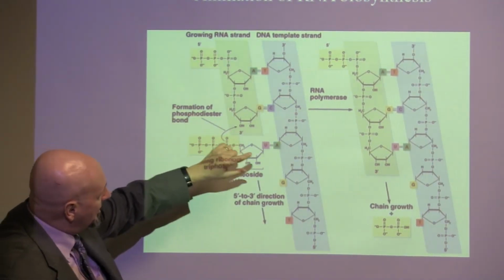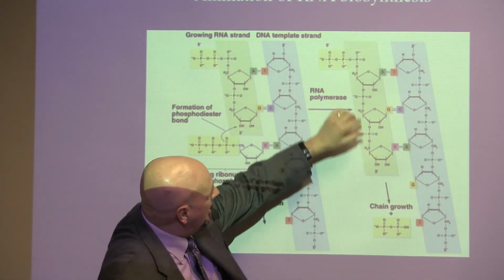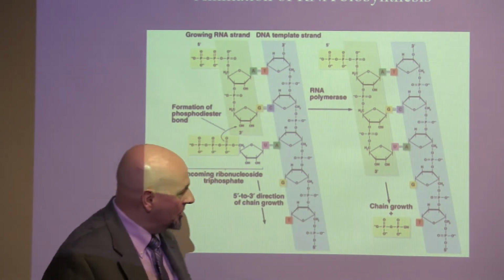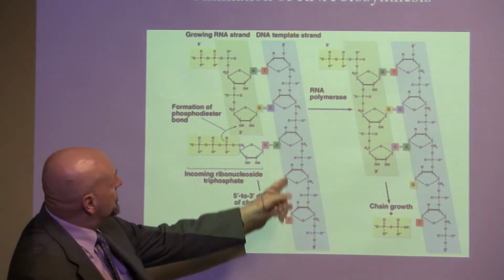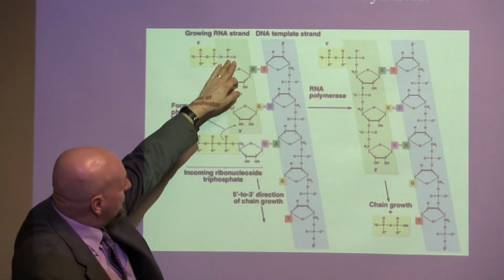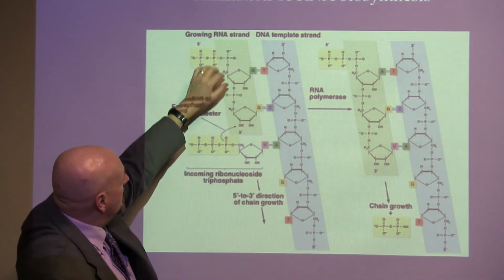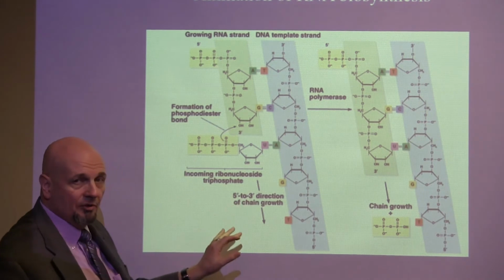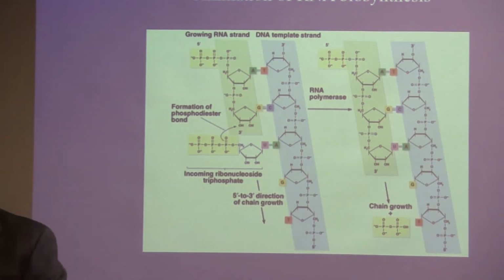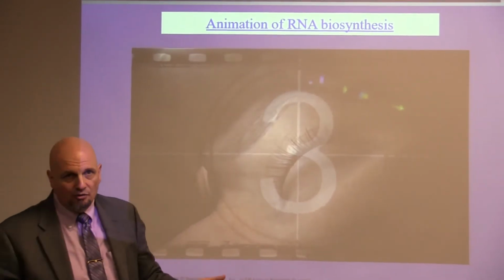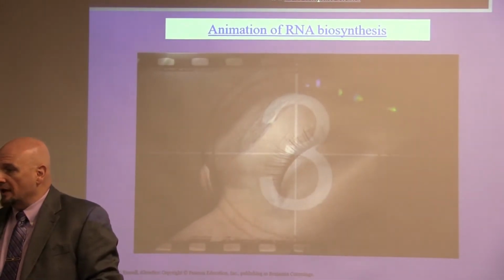Once that occurs, you have a phosphodiester backbone, and the chain will continue to grow. If this is using the template DNA, notice how this is going 3' to 5' this way, and this one here is 5' to 3' this direction. So they're anti-parallel even in this case. Let me give you this animation of RNA biosynthesis.